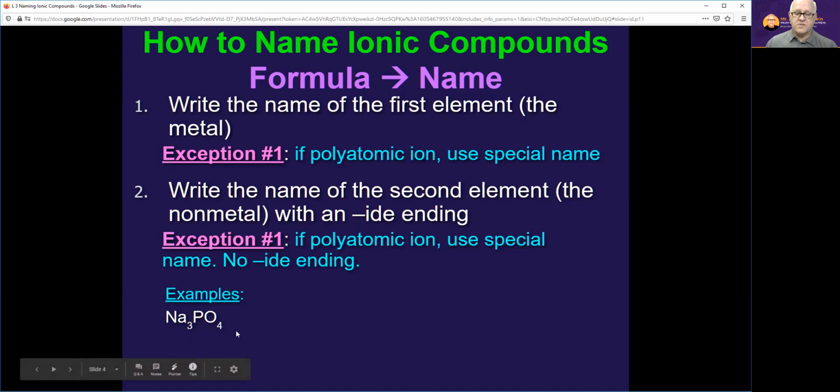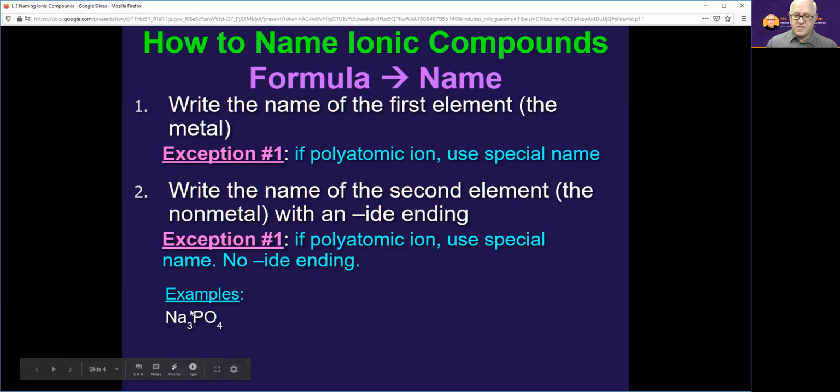Na3PO4. Well, Na3, we're going to know what that is. PO4, that's a polyatomic ion because I've got Na, which we know is sodium, P is phosphorus, O is oxygen.